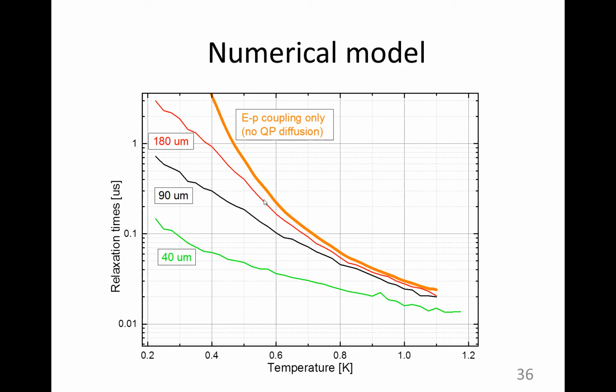And apart from that, I draw also here the expected relaxation times when I consider electron-phonon coupling only. So this is without quasi-particle diffusion. This is, to some extent, the theoretical upper bound for the relaxation time values measured in the experiment.